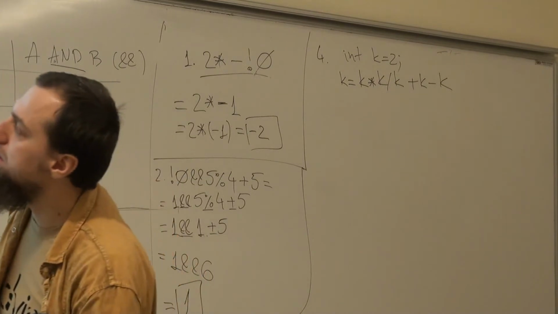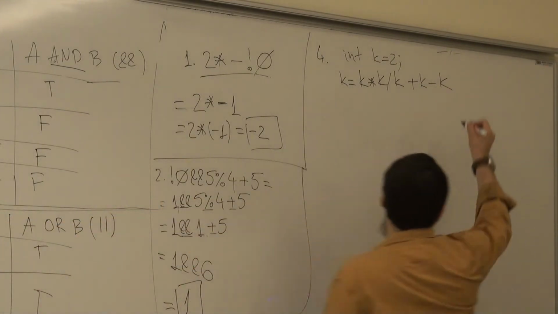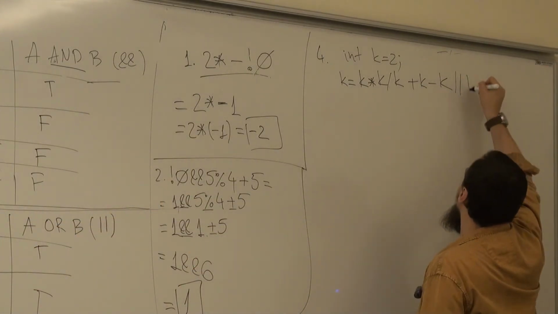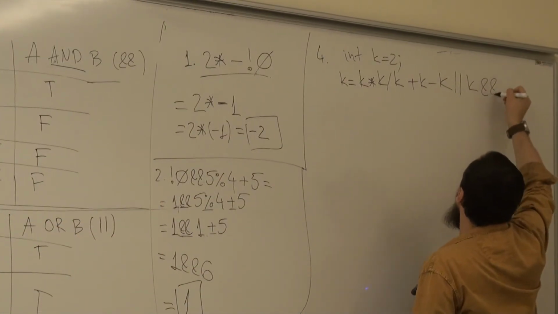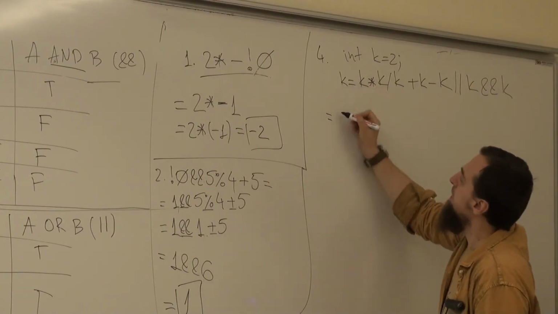Am I correct? Plus k minus k. Then we have logical or k, logical and k. Now let's see.